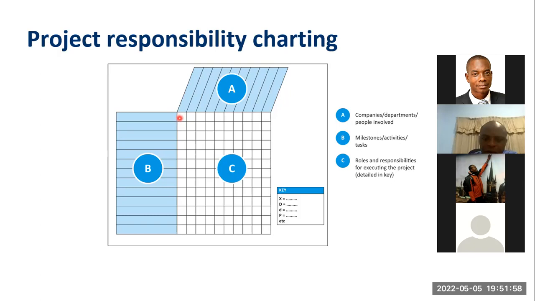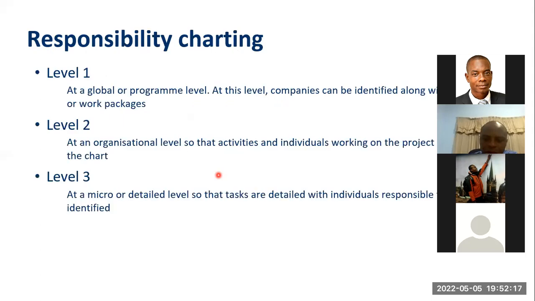Okay, to who from the accounting department will work on this activity? Mr. A from the accounting department. So you see that that's how it works. This chart actually helps you to know who and who to go to for the various activities.